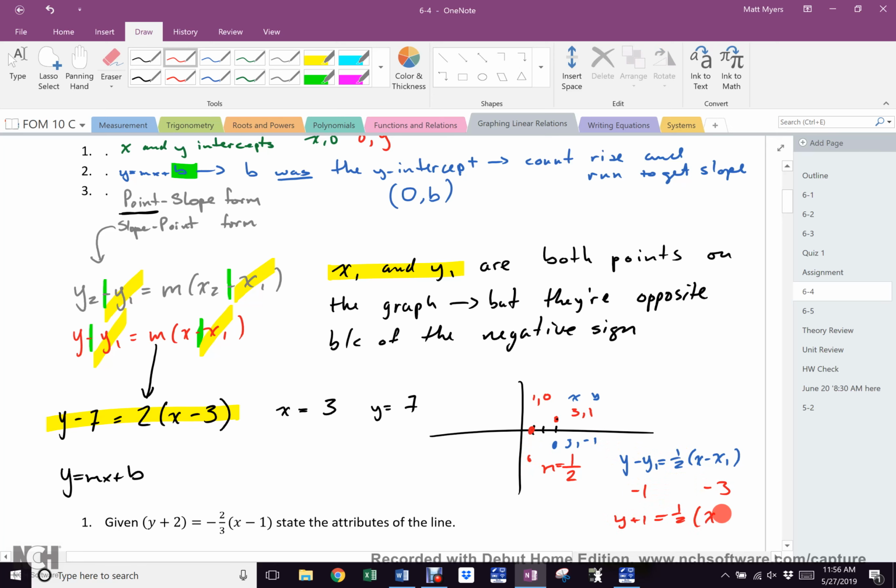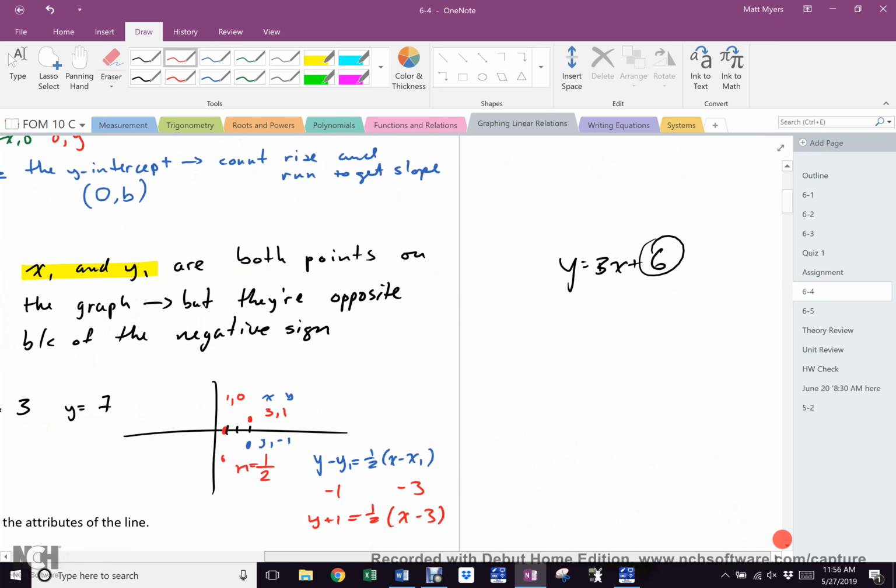And it would be x minus 3, because we got to do the opposite of that. Is everybody cool? You are. Don't feel bad.